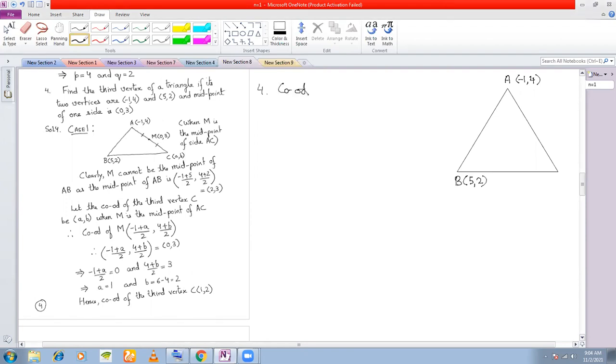Coordinates of the midpoint of AB is from the midpoint formula.